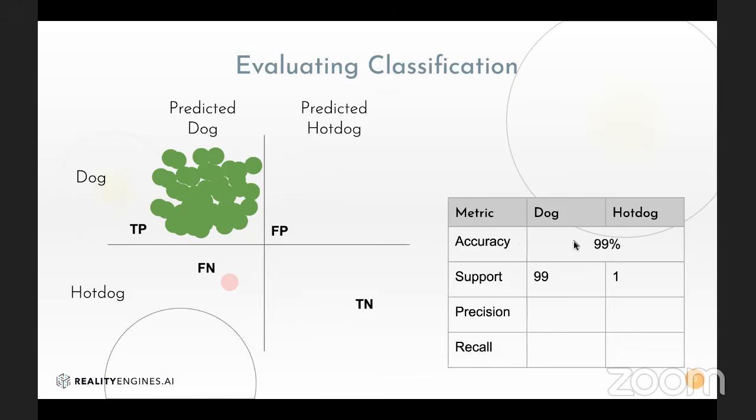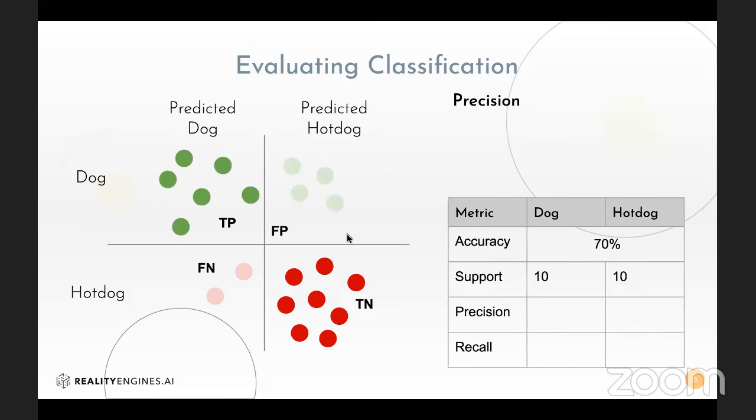That will give our model 99% accuracy, which might be a good thing, but if what you care about is actually predicting the instance of a hot dog, then even though this model has really high accuracy, it's not really the objective that you're trying to achieve. So it's important to understand the limitations of accuracy, and calibrate the metrics based on what you really care about your model being able to do.